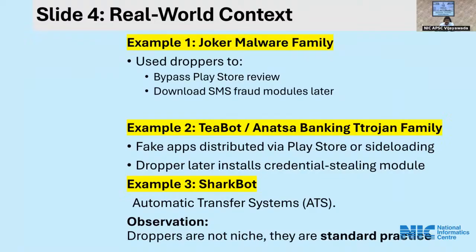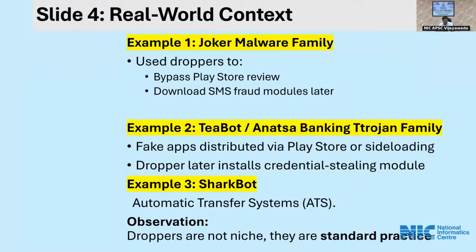According to a report by Cleafy, T-bot variants have targeted over 400 banking and financial apps across Europe and Asia. In India alone, over 20 banks have been impersonated. The dropper stage is what enabled these attacks to happen at such a large scale.